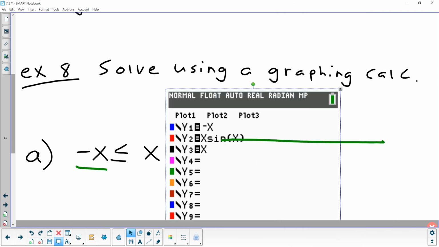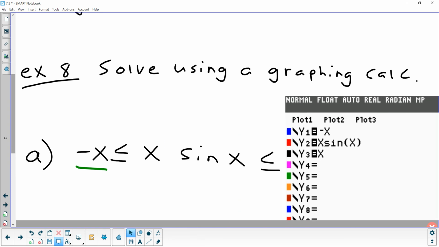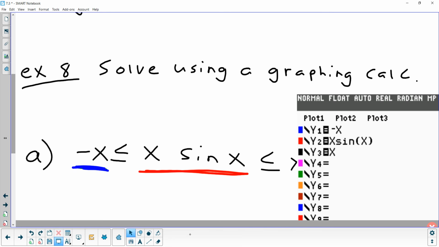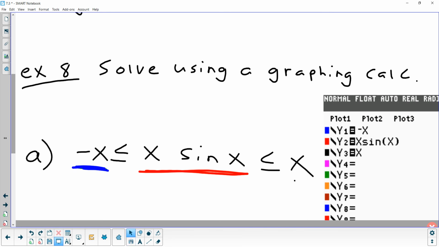So let's see what we got. This one is blue. The middle one is red. And the one all the way on the right is black. So I'm looking for where the red function is sandwiched between the blue and the black.